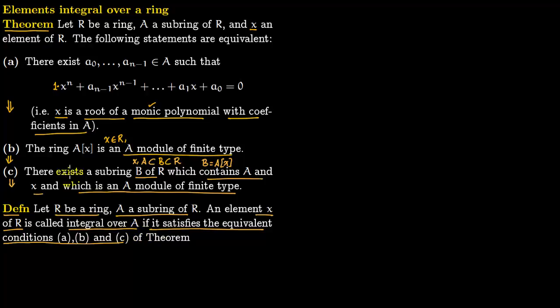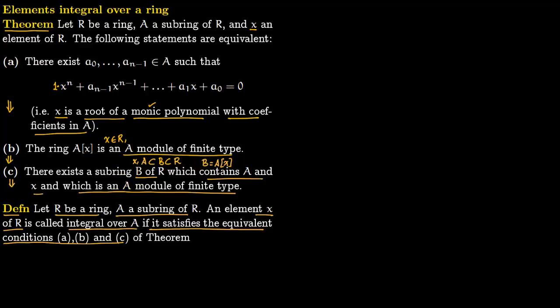In general the definition in most books is just given like this: an element X of R is called integral over A if it is the root of this monic polynomial right here, that is, it satisfies an equation of this form.